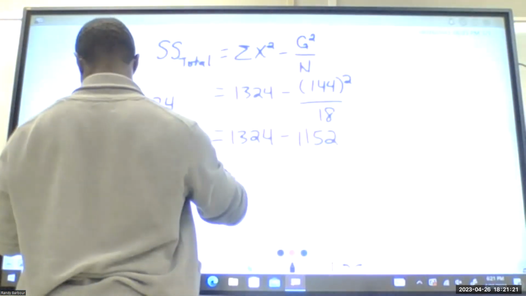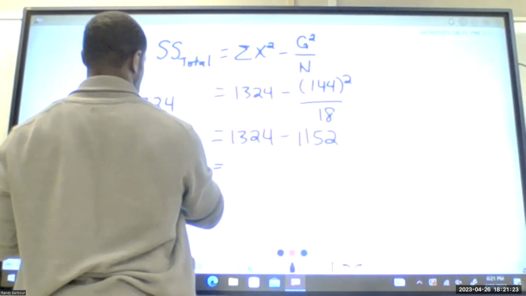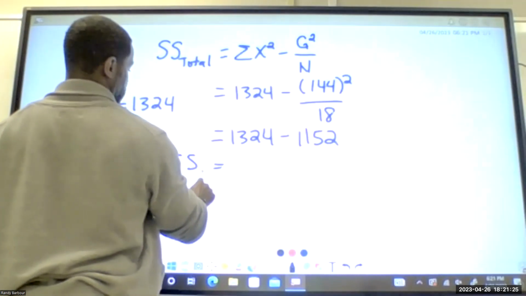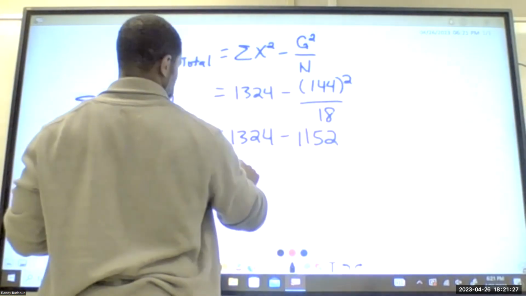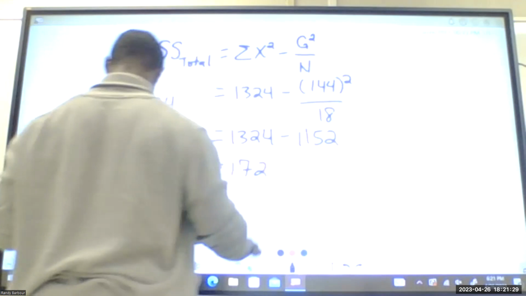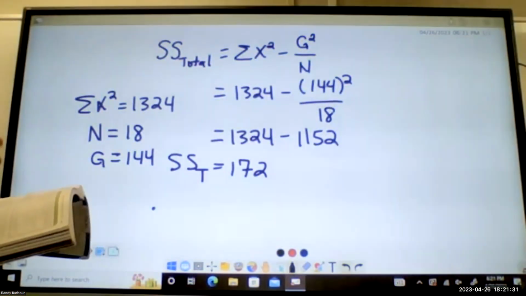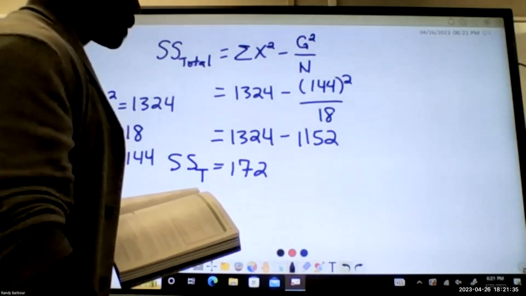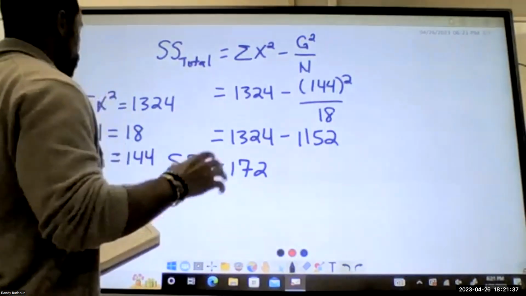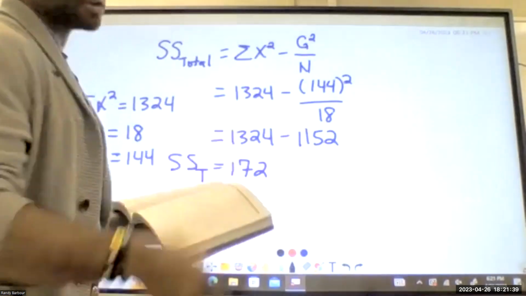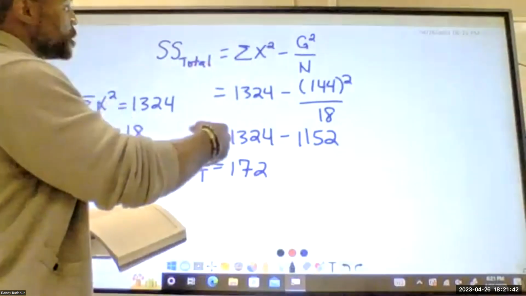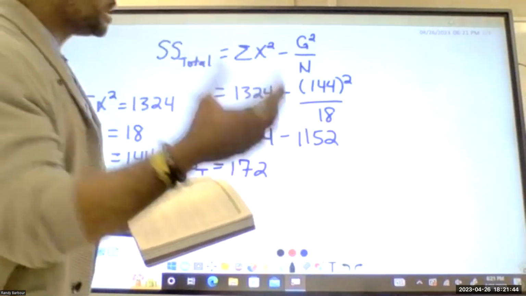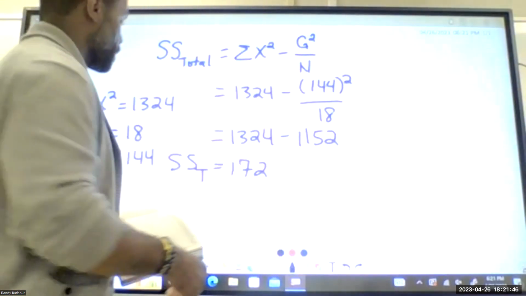And that's going to give me sum of squares total, SST, equals 172. Okay. So that is how you calculate the sum of squares total. You pause it there. Make sure you're capturing this. Make sure you're knowing how we're calculating those things, right? So you do 144 squared divided by 18. That's how you do it.